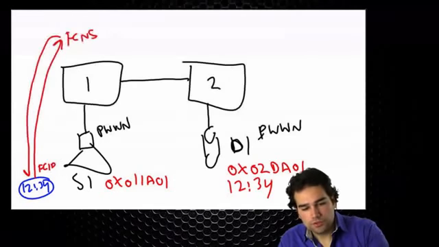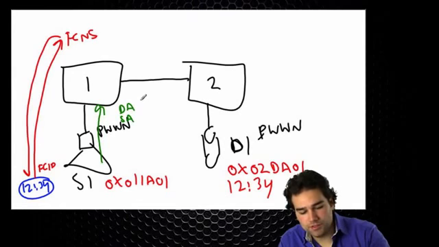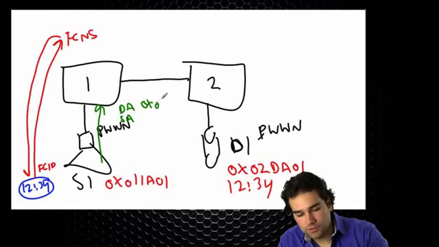So now the server knows exactly what the destination address should be and what its source address should be. The destination address is 0x02DA01, source address 0x011801.